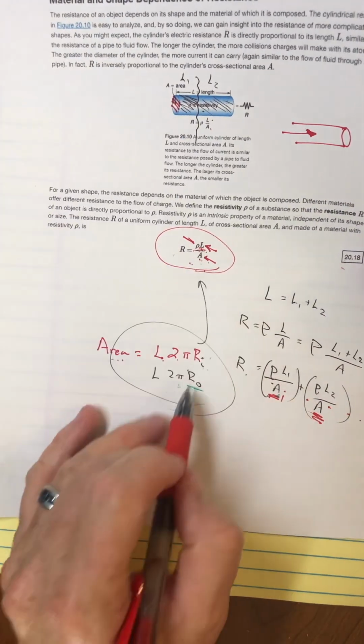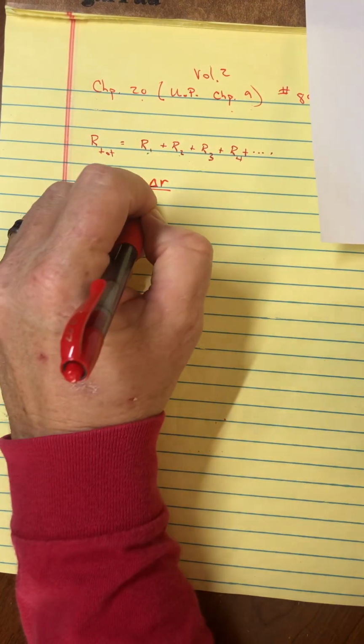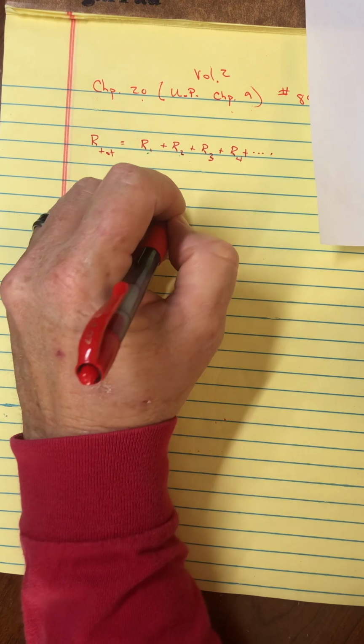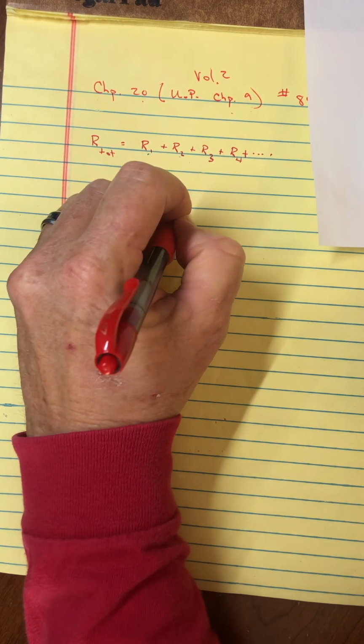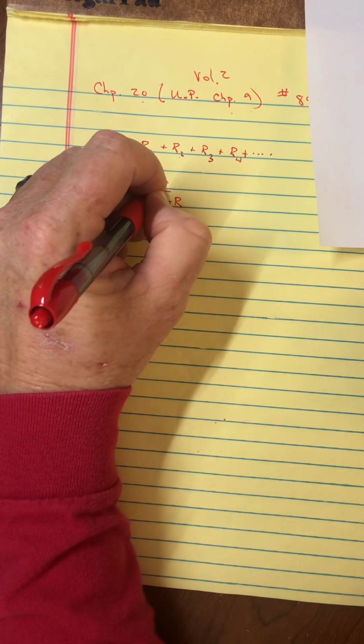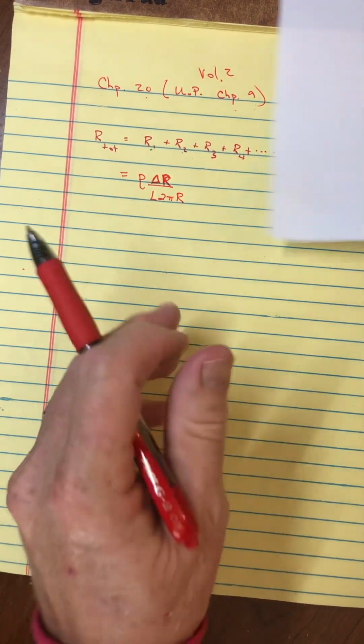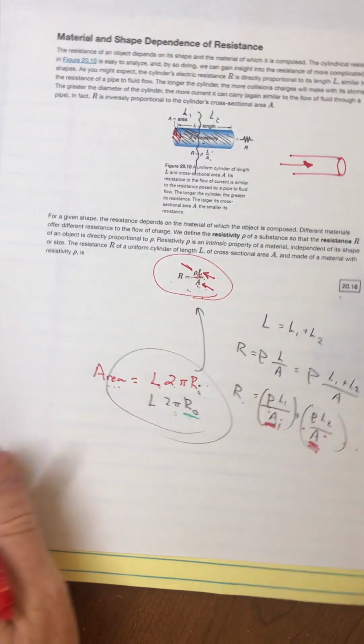And then the area, as we talked about, would be the L, the 2 pi, and the radius. Now maybe I better use a capital R for the symbols, because I've been doing that and matching the book.